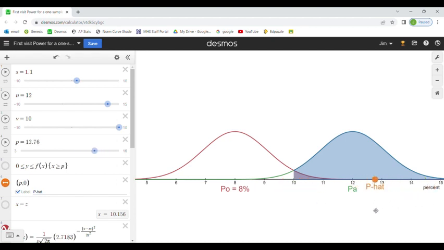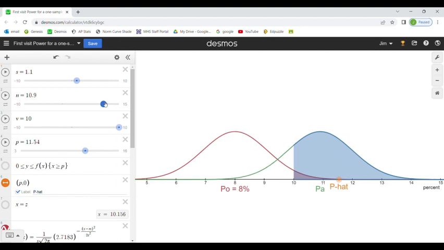So the blue shaded region here represents the probability that we would reject the null hypothesis and say the blemish rate is higher than 8% when it is actually 12%. So when the true blemish rate is 12%, we're going to reject it, I'm guesstimating, about 95% of the time.